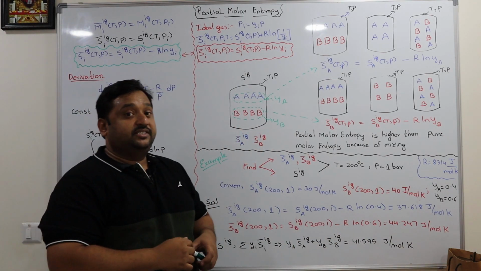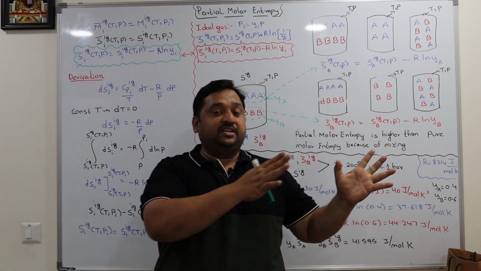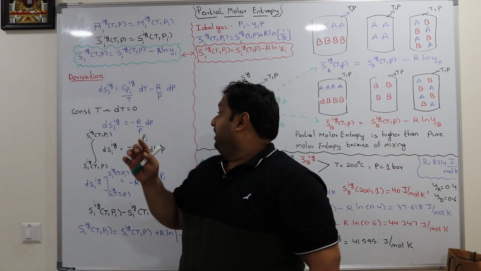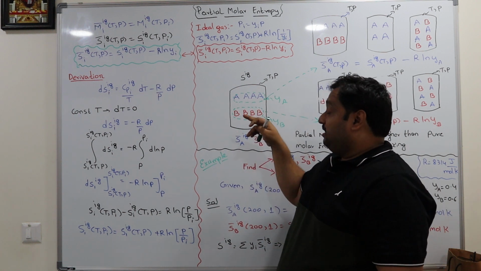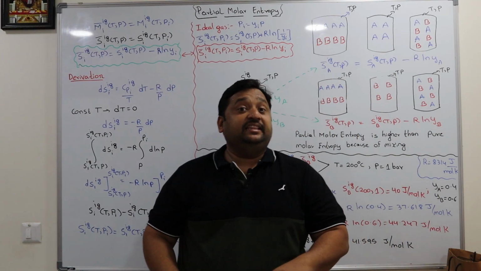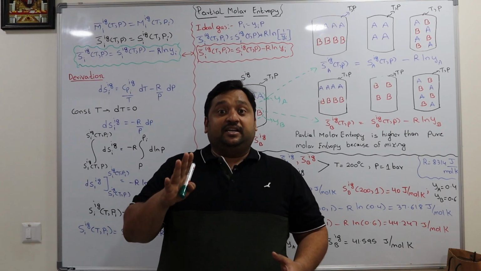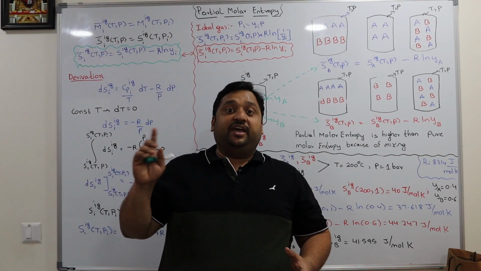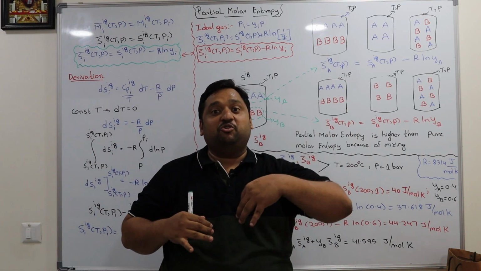So this is how, in the last class, we found the partial enthalpies of A and B in the mixture. Today we have found the partial entropies of A and B in the mixture. In the next class we will connect these two formulas. Gibbs energy is nothing but H minus TS, where H is the enthalpy and S is the entropy.